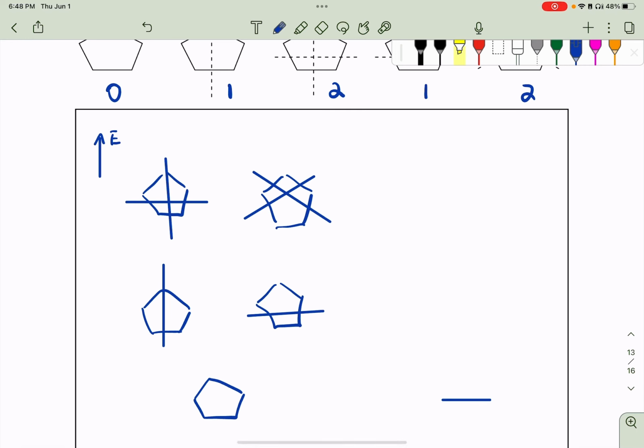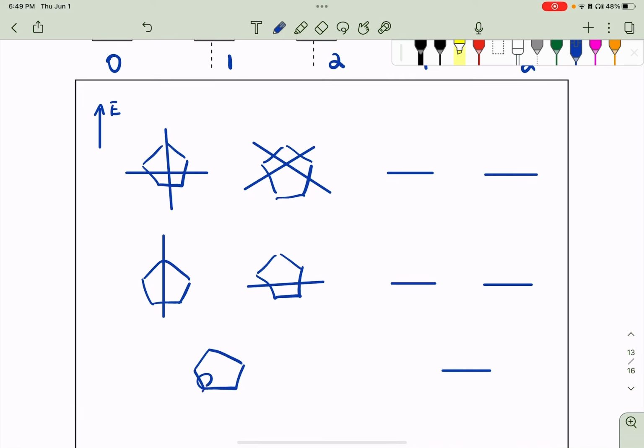Okay, let's put in the energy level as well. These two are degenerate. These two are degenerate. And putting the orbitals, this one has all the same shading. We do not have any nodes. Here we have, these two are the same. We need the nodes, we switch it.